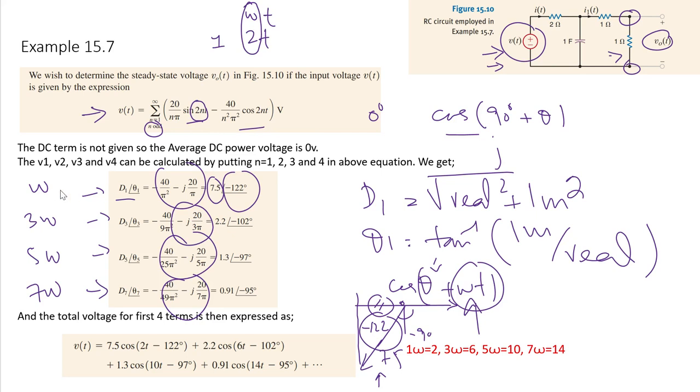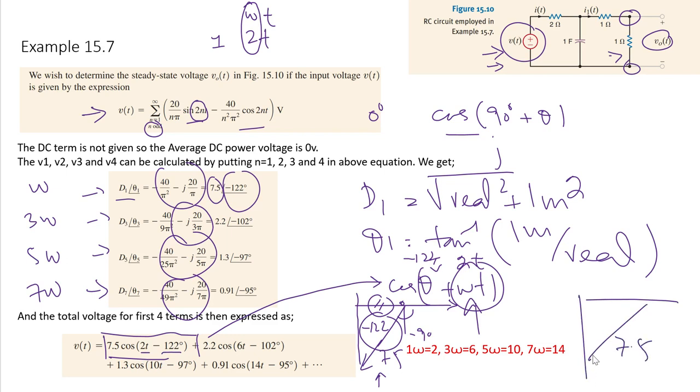So the first equation and the first term will have this particular structure, but the angle would be minus 122, this omega would be 2, and this thing would be t. So putting omega equal to 2, we got 2t, angle 122, and it is a phasor of 7.5 magnitude dropped on this line.